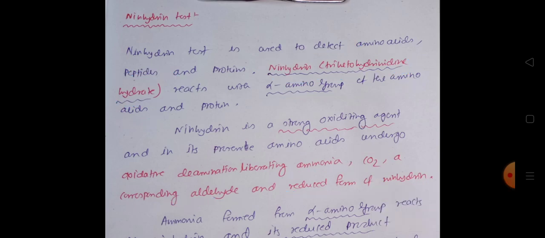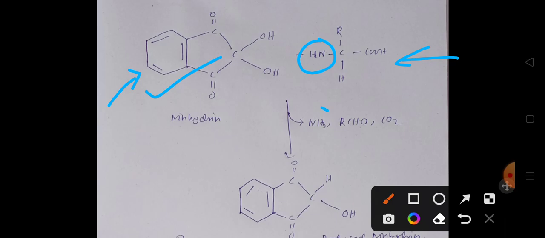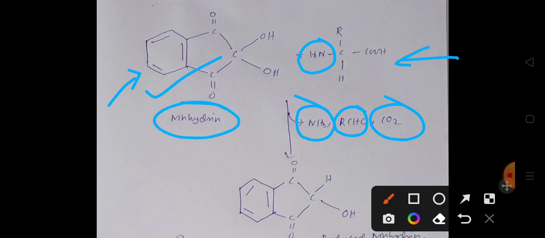Okay, so let's directly move to the reaction scheme to understand it more clearly. This is the Ninhydrin structure, this is the amino acid. Reaction between the alpha amino group and the Ninhydrin will occur, that will facilitate liberation of ammonia, aldehyde and carbon dioxide, and Ninhydrin will be reduced.